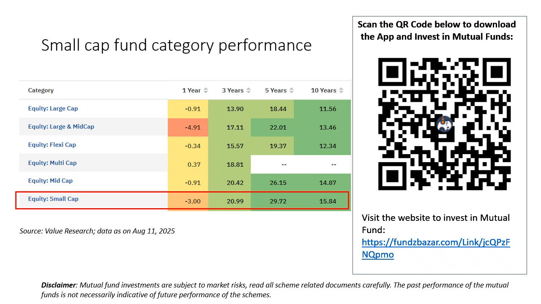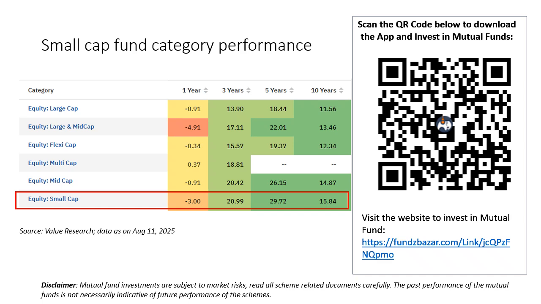Another important point to note is that among all the major equity categories listed over here, large cap, large and mid, flexi, multi, mid cap, small cap, this is the highest performing category, right? If you look at the last column, the 10 years column, 15.84, small cap has given the highest returns, followed by mid cap, which is expected because the exponential growth, the 5x, 6x multi-baggers, are far more likely to come from small cap and maybe next mid cap rather than large cap funds.